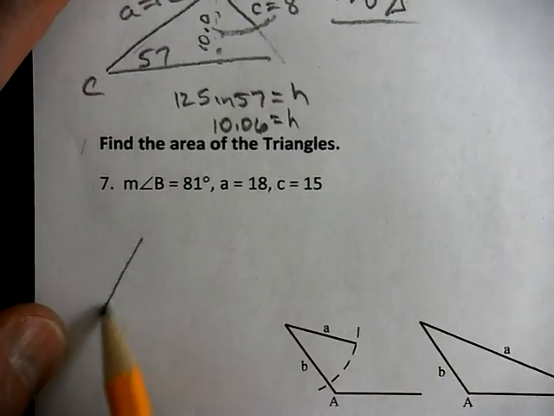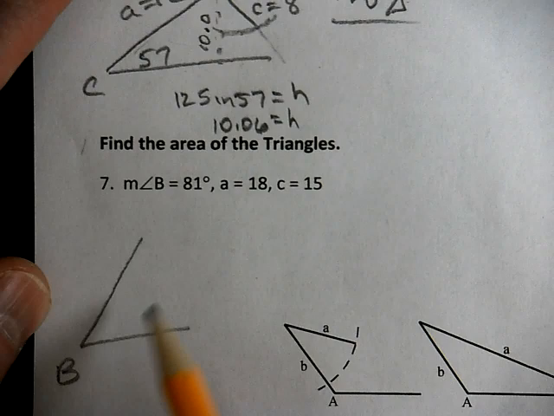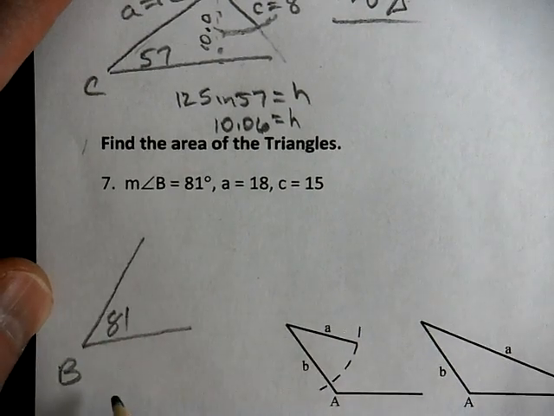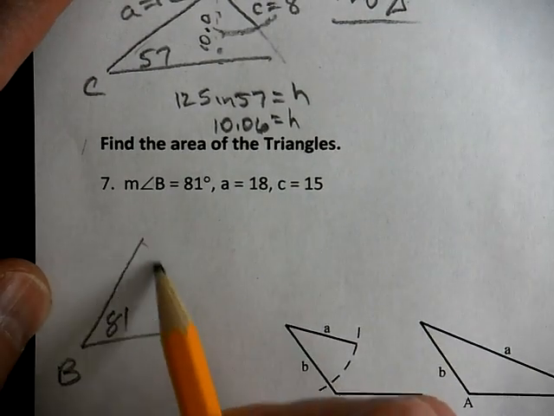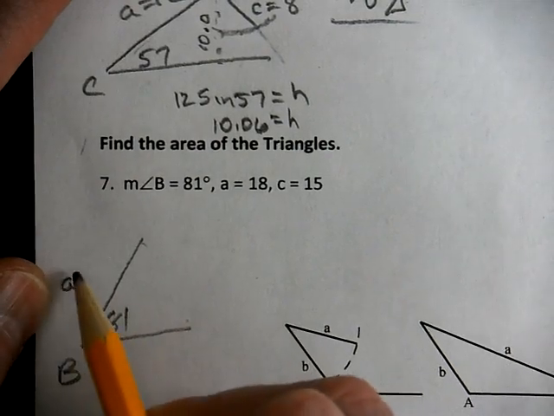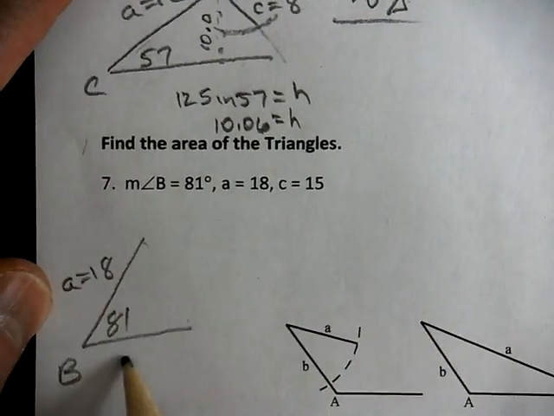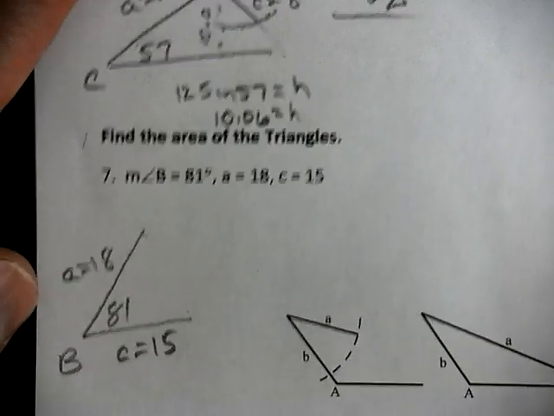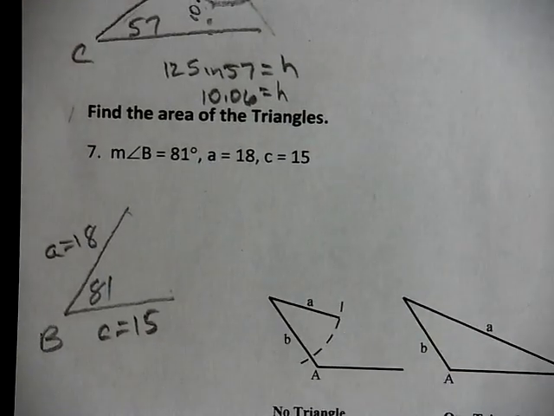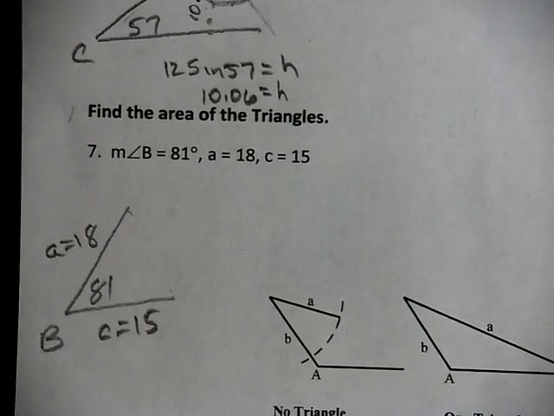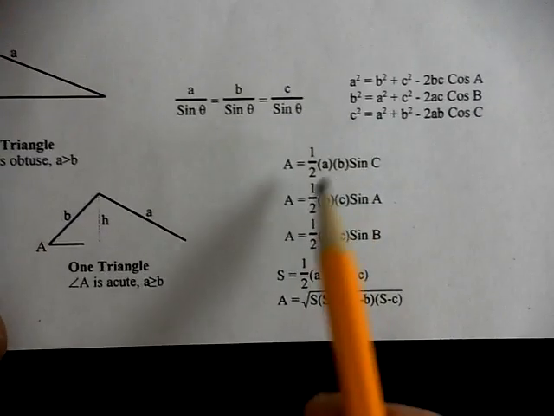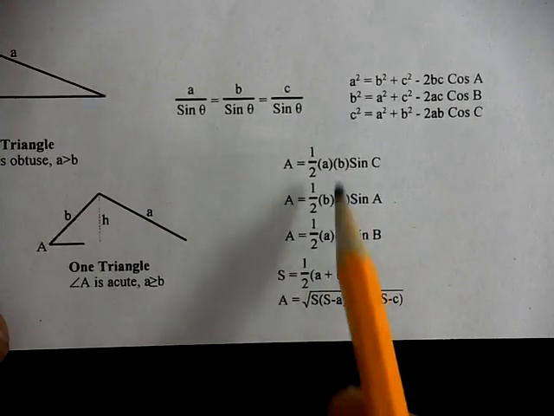Alright, finding the areas. So in this triangle, just so we can visually see it, we have an 81-degree angle. We don't have side B, but we have side A, and we have side C. So this is a side-angle-side situation. In that, we're going to use our formulas right here.